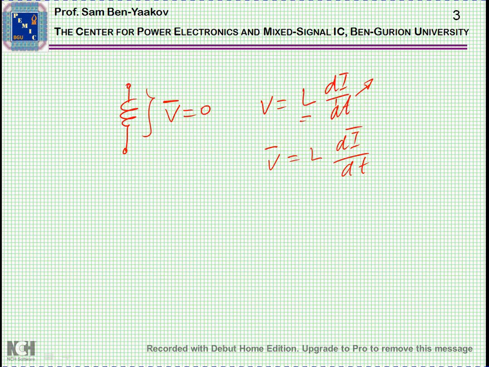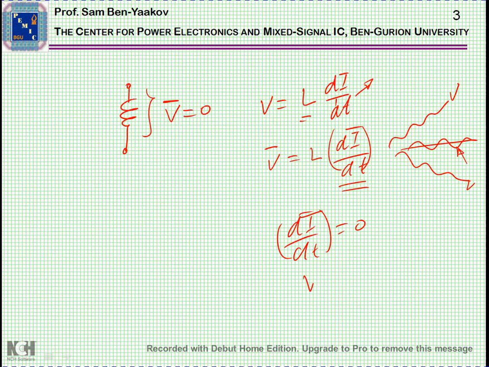Now, if we assume steady state, that the inductor current doesn't go up or down, but rather stays at a constant average value, this would mean that di average over dt is zero, which then implies that the average voltage is zero.